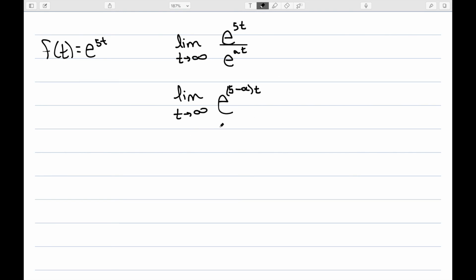So this limit has two pieces. So if 5 minus alpha is positive, greater than 0, or 5 is greater than alpha, then this exponent here will be positive, and e to a really big positive number is a really big number. So this would be bad. This would diverge or be infinite.